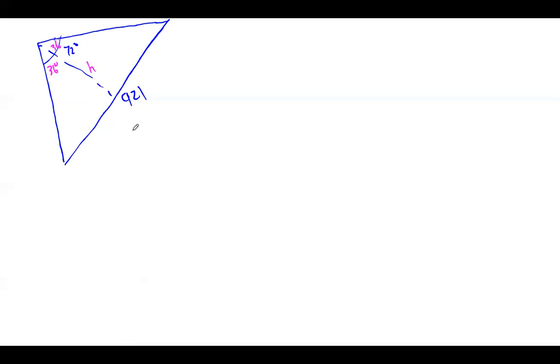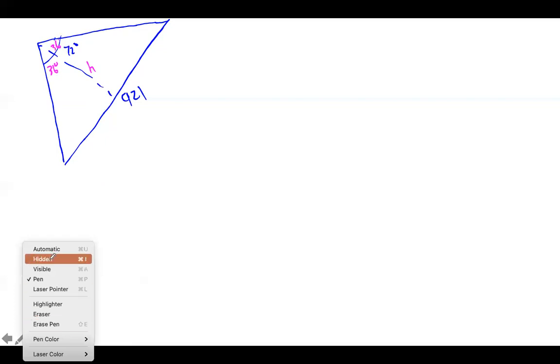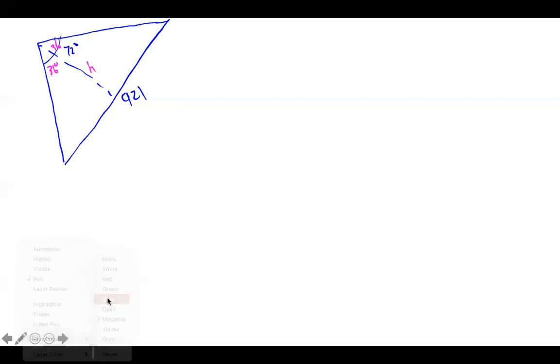Okay. So now we can find, well, we don't know what our h is. We know our tan of 36 degrees is equal to opposite divided by adjacent. This is our adjacent.